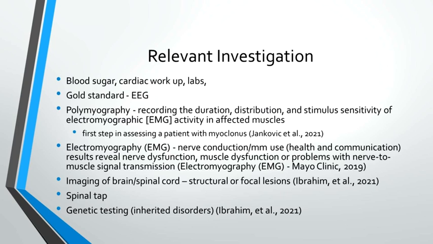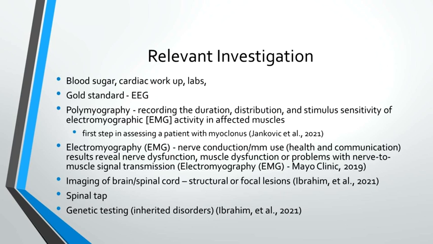Ultimately, these patients need to find their way to a neurologist and have a date with an EEG. Okay? There's another electrical test called a polymyograph. The EEG examines the electrical activity happening in the brain. The polymyograph, or the EMG, is another electrical sensor for the actual conduction and movement or activity of the affected muscles.